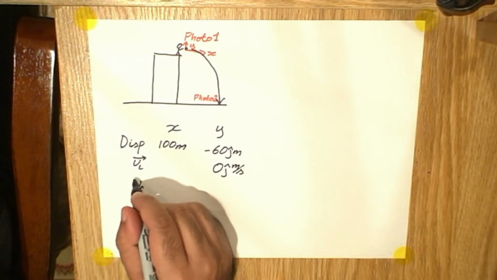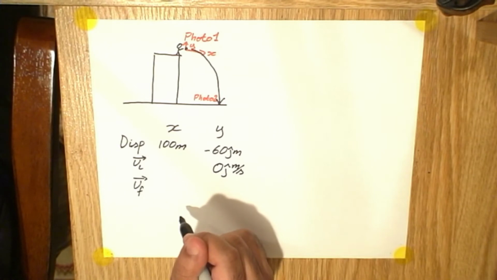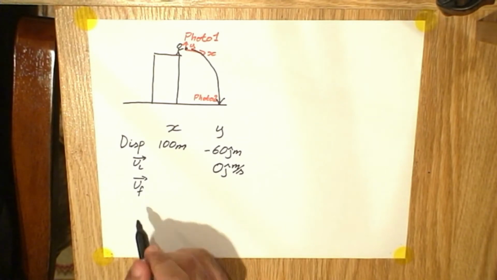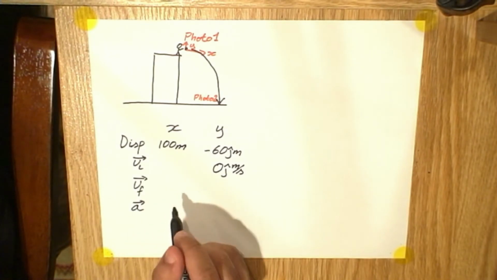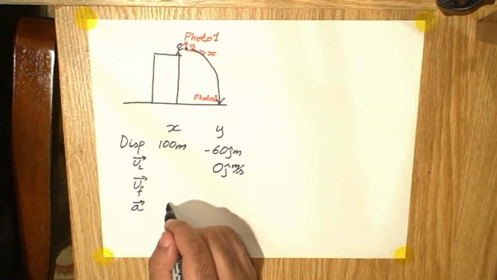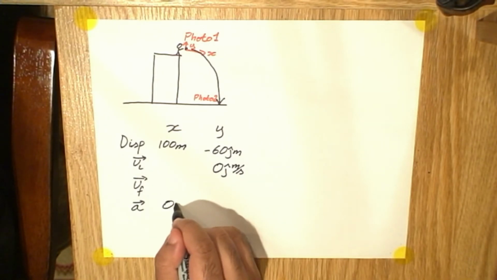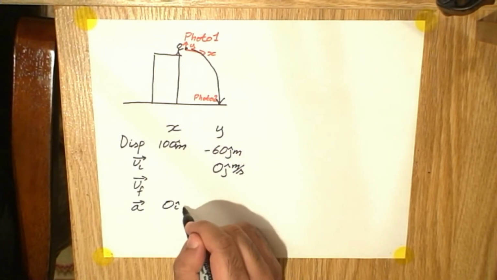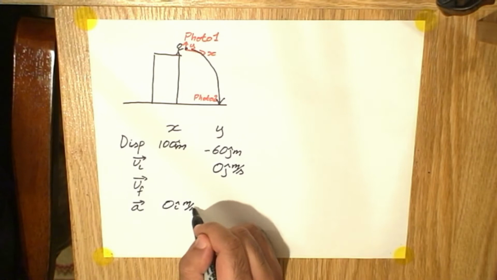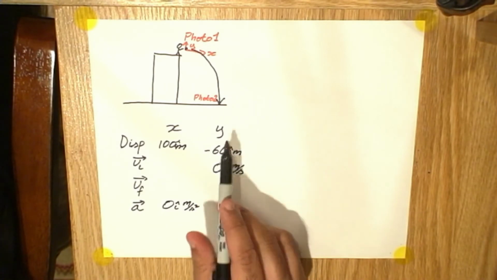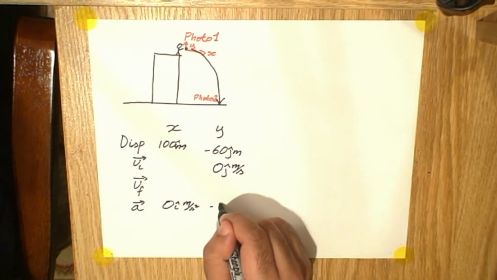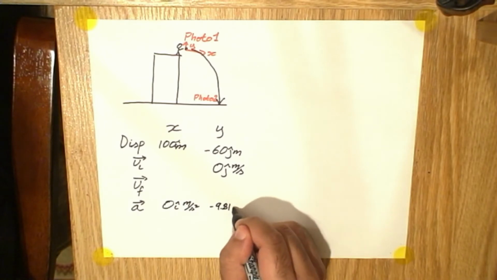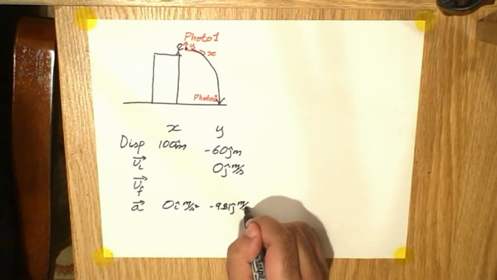The v final is not known. That's going to be one of the things that we find out over the course of this question. But the acceleration is known. The ball is not in powered flight, so there is no x acceleration. That would be 0 i hat meters per second squared. And the acceleration in y would be the usual negative 9.81 j hat meters per second squared.